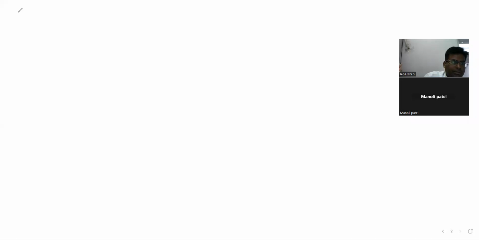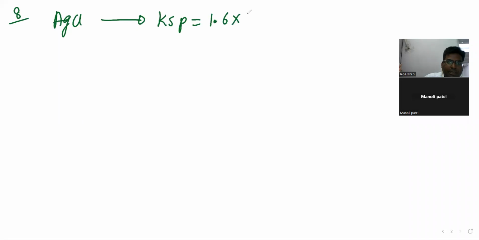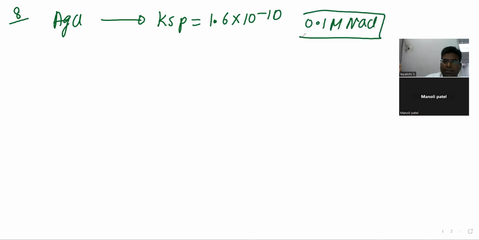Now see question number 8. The solubility of silver chloride, AgCl, with solubility product 1.6 × 10^-10, in 0.1 molarity NaCl. So this is sodium chloride having concentration 0.1.